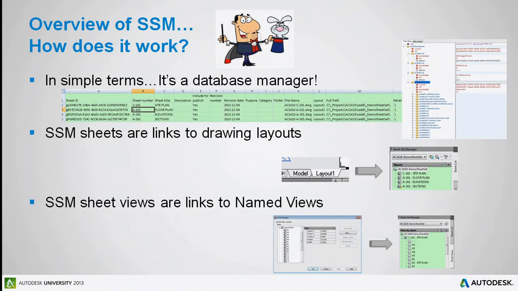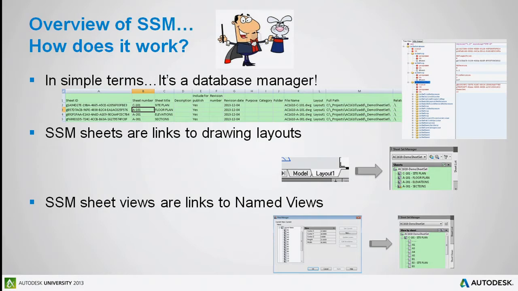You've got Sheetset Manager, which is basically a palette in AutoCAD. It uses DST files. The DST is the extension for a Sheetset file. Inside the DST file lives information that you can then display on your sheets, in your sheet sets.